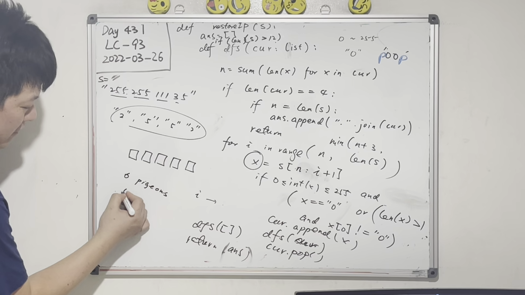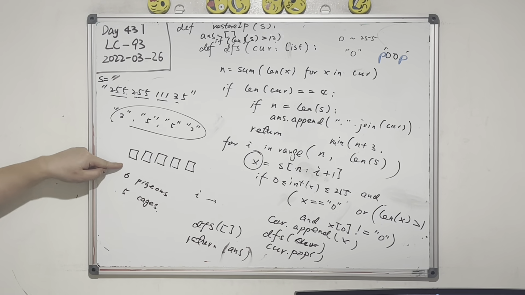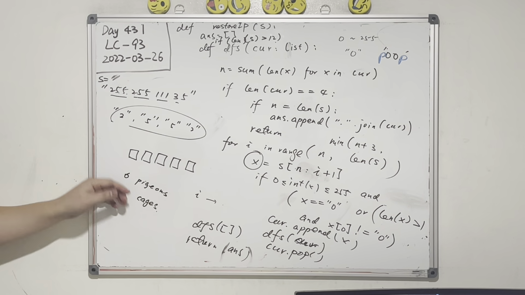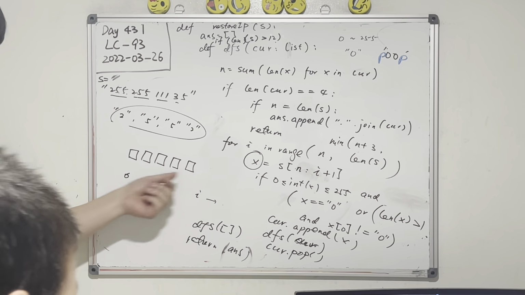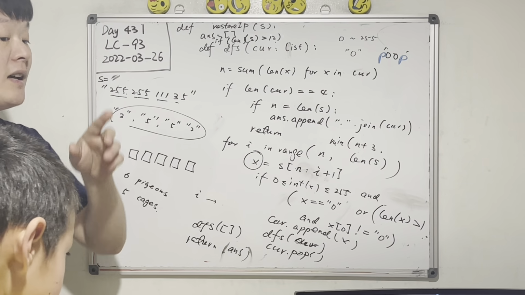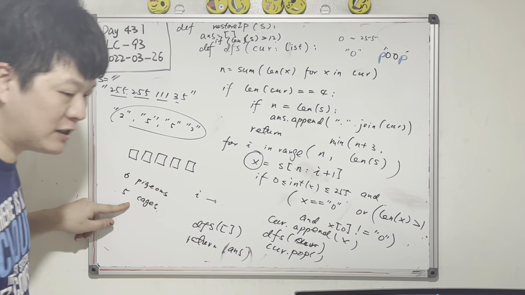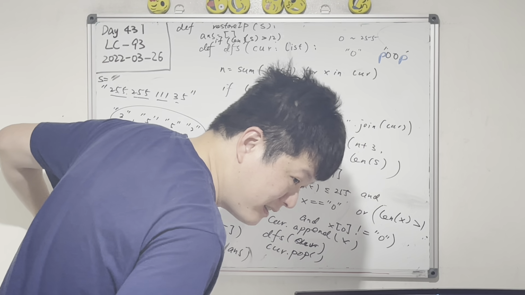So can I say that at least one cage will contain more than 1 pigeon? If we want to put 6 pigeons into 5 cages, there must be at least 1 cage with more than 1 pigeon. Am I right?